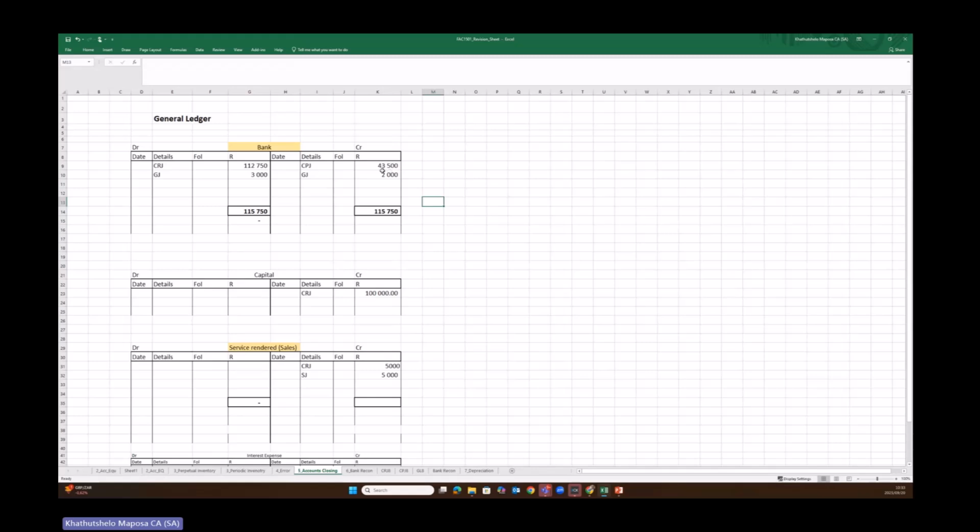Then on the credit side, 115,000 minus the credit side total of 45,000 is 70,000. This 70,000, we will call balance carried down. And the very same balance will be called balance brought down in the next reporting period.